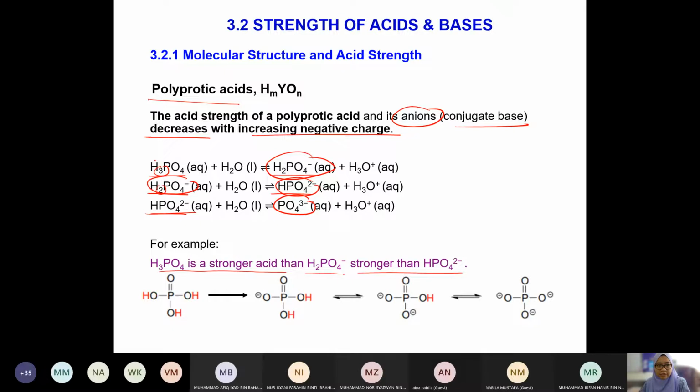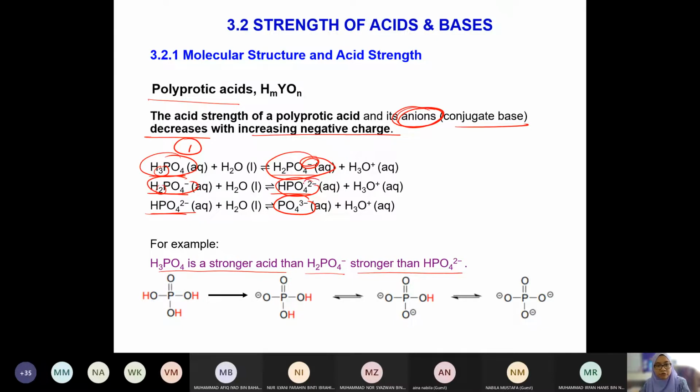As you can see, H3PO4 yang paling power, dia paling kuat. Kenapa? It produces a -1 conjugate anion. Dia punya conjugate anion dia punya tu adalah -1 sahaja. Followed by H2PO4 minus. Kenapa?